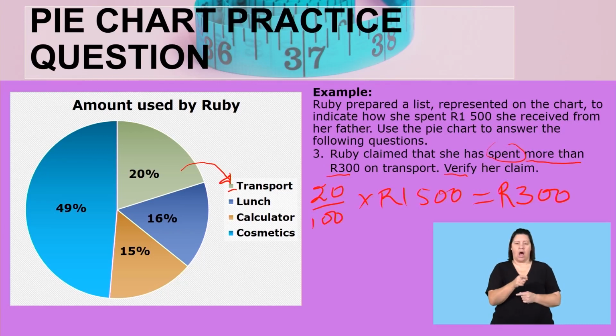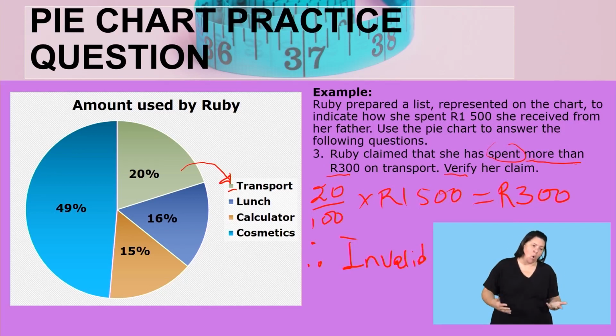According to the claim, she is claiming that she has spent more than 300 rand. The amount that she has spent is 300 rand. Therefore, we say her claim is invalid, or you can say her claim is incorrect, or you can say her claim is false, as long as you are able to conclude based on what she has claimed.